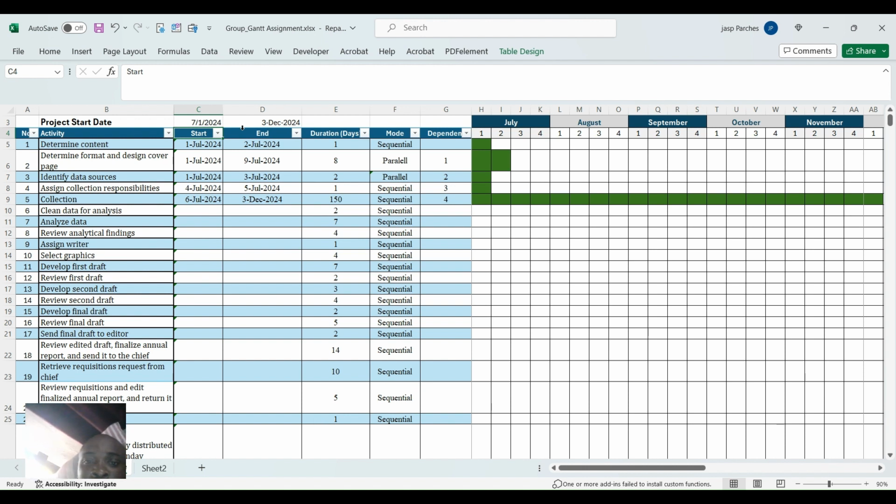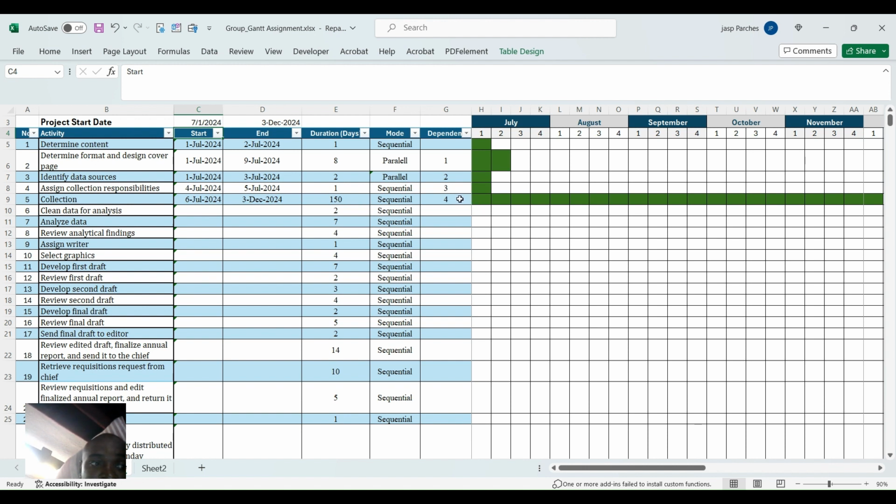So let's look at the whole notion of what is sequential versus what is parallel. If you notice here, for December, this activity is hinged on the fourth activity.